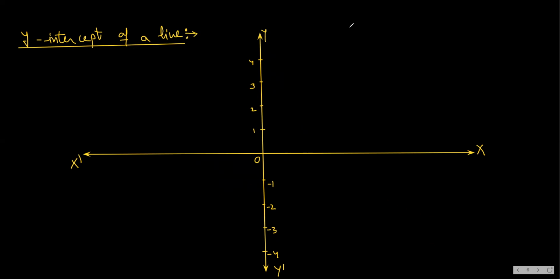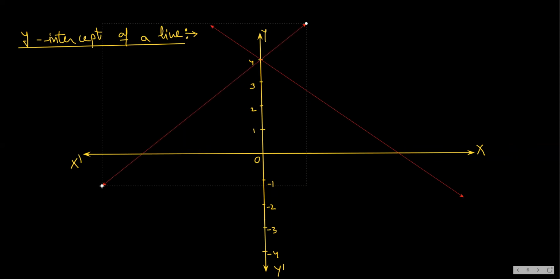So suppose I have a line here which intersects the y-axis at 4. Now remember that there can be infinite lines which will intersect y-axis at 4.